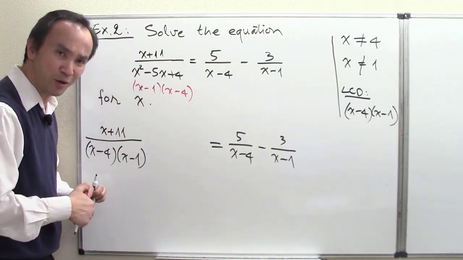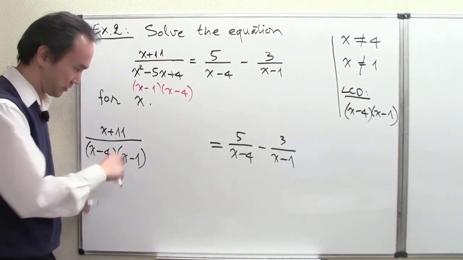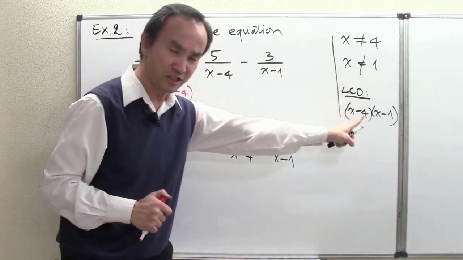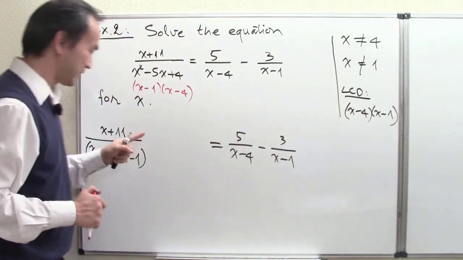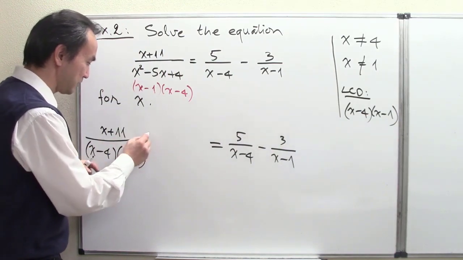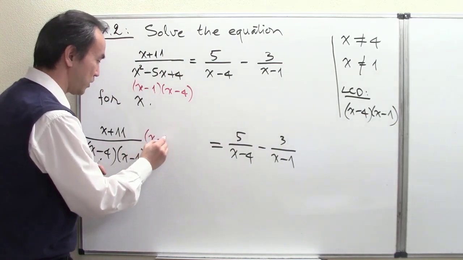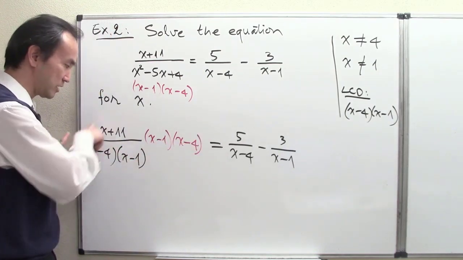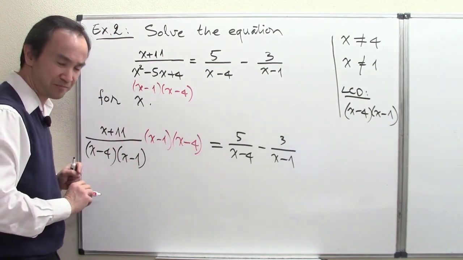In order to clear out all of the fractions, I'm going to multiply the LCD that we found previously into both sides of our equation. On the left-hand side, we have x minus 1 times x minus 4 as one huge product multiplied with this entire rational expression.